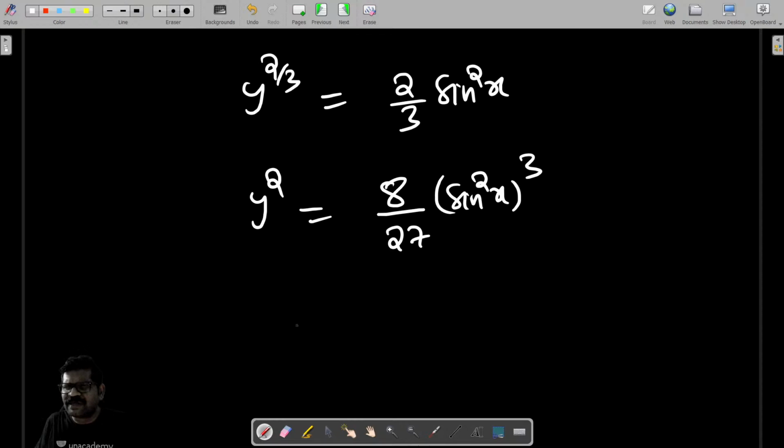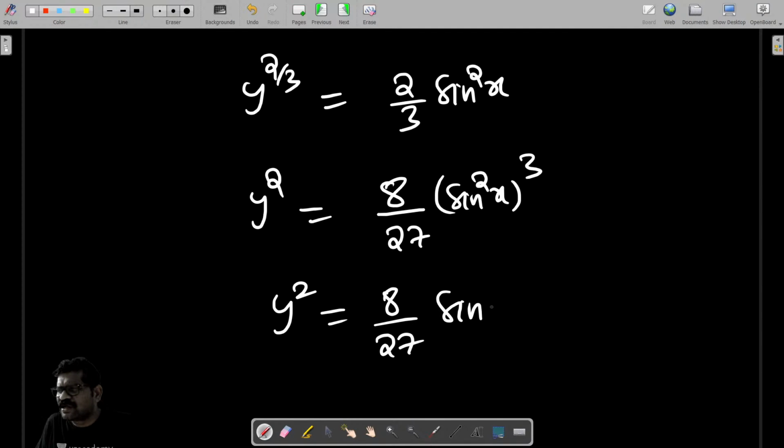Now y square equal to 8 by 27, sine square x whole cube is sine x whole power 2 whole power 3, that is sine power 6x. Now this is y square.